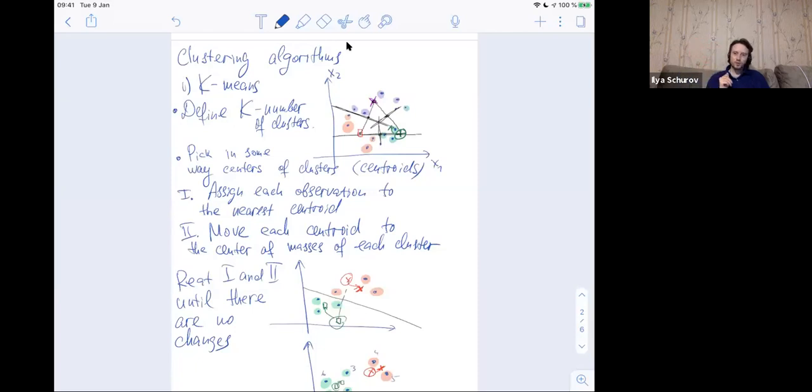Sometimes this allows you to reveal some structure in your data that is not obviously seen. And for example, this allows you to create new hypotheses about your processes.